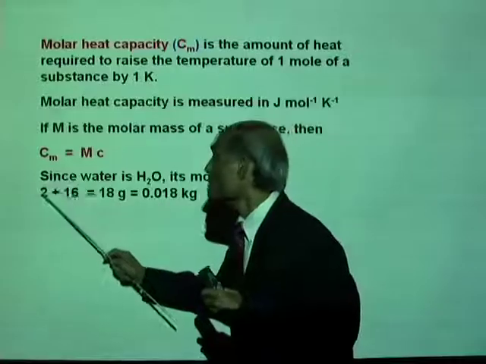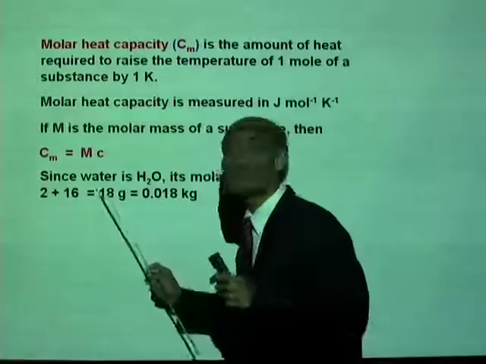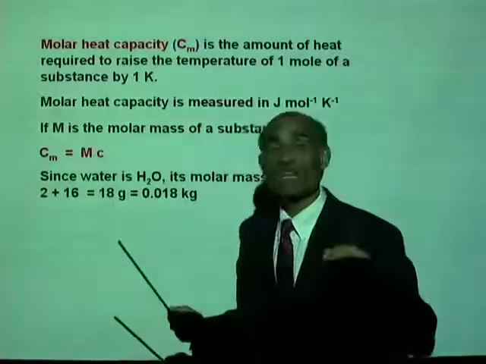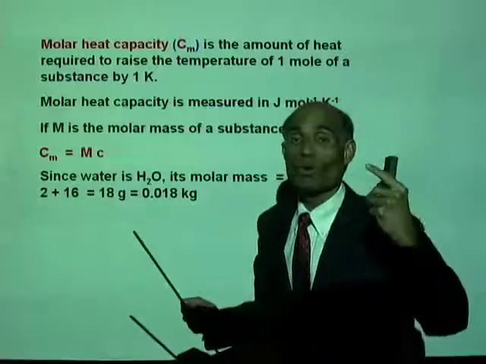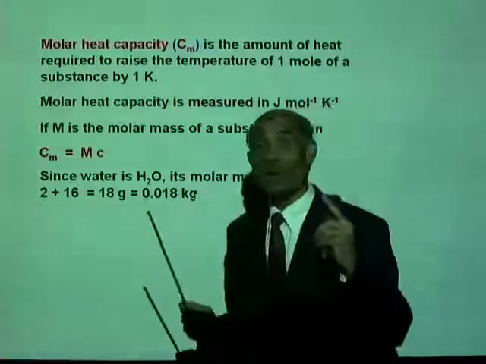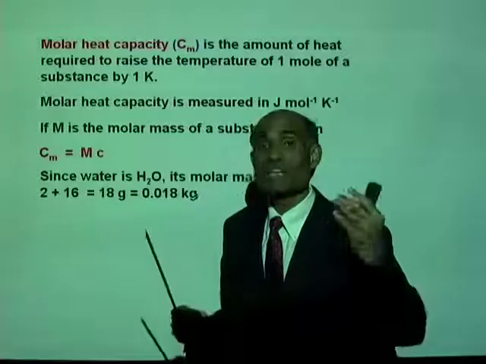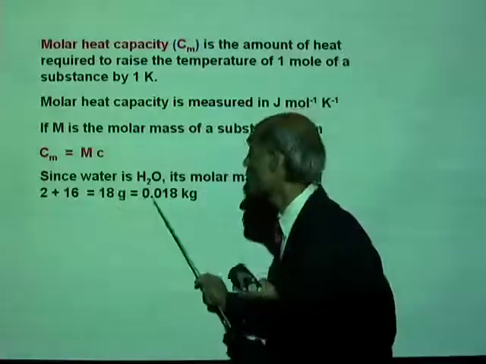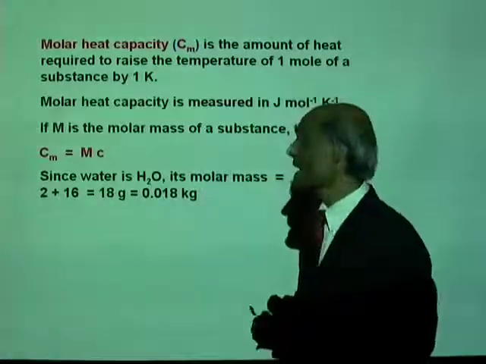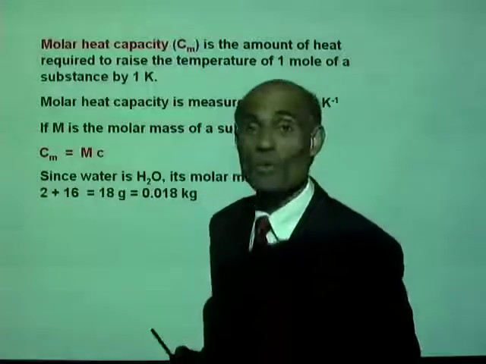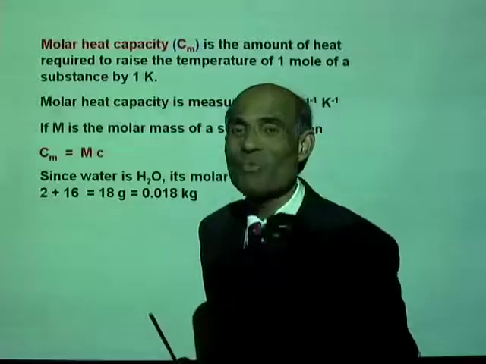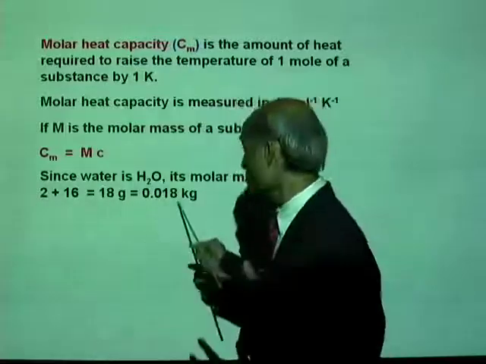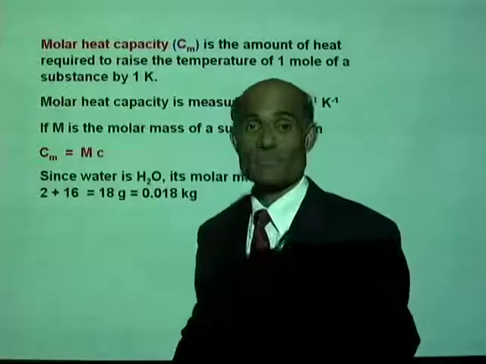So 2 plus 16 is 18 grams of water in 1 mole. The mass of 1 mole of water is 18 grams, which is 0.018 kilogram. So tell me, what is the molar mass of water? This is the molar mass of water.